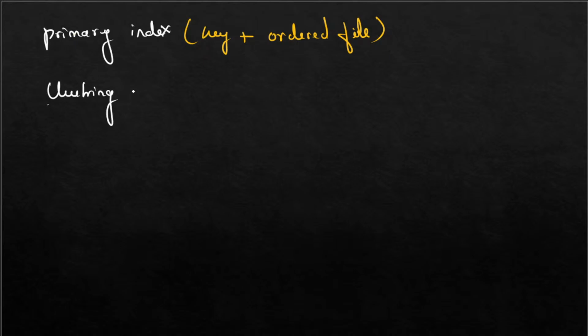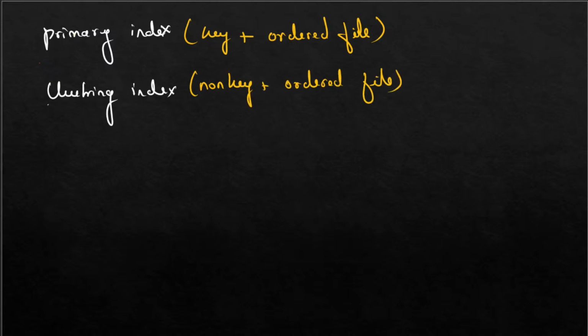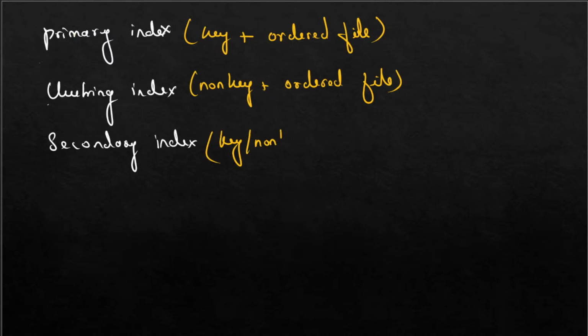Clustering index is non-key plus ordered file, and secondary index is key or non-key plus unordered file.